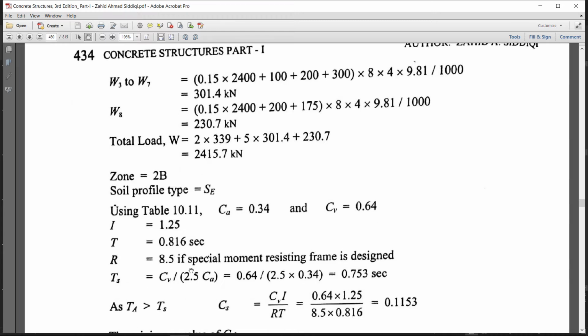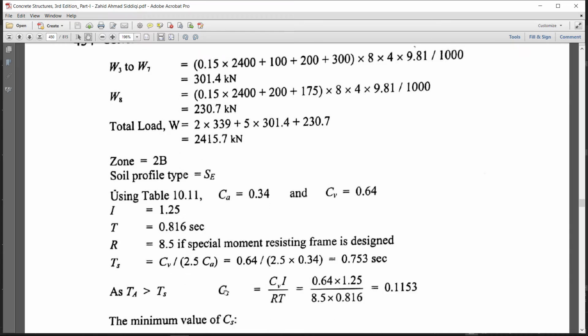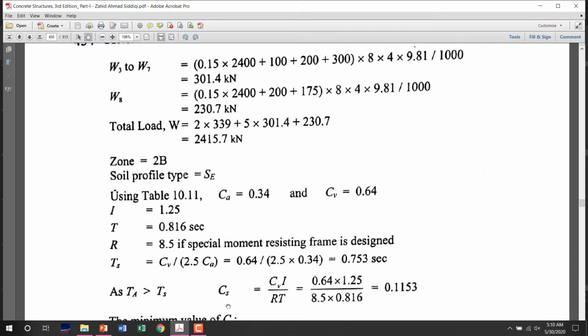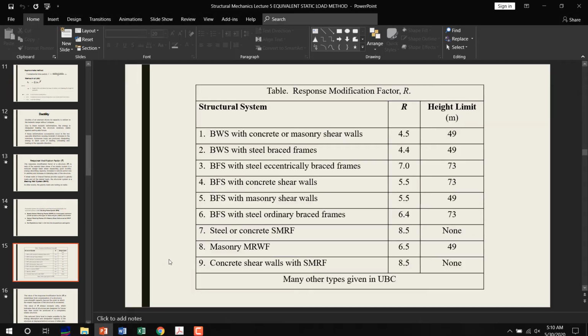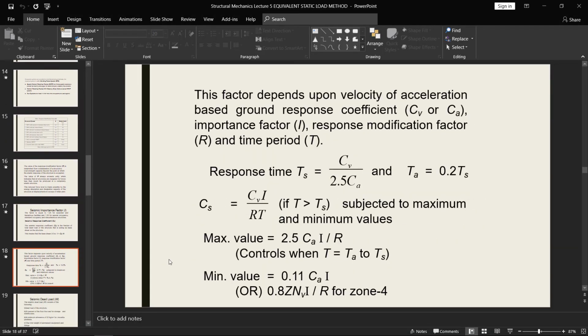Okay, now to calculate the base shear coefficient, or seismic shear coefficient, all these names are of this CS. Let me open the slide for the seismic shear coefficient.